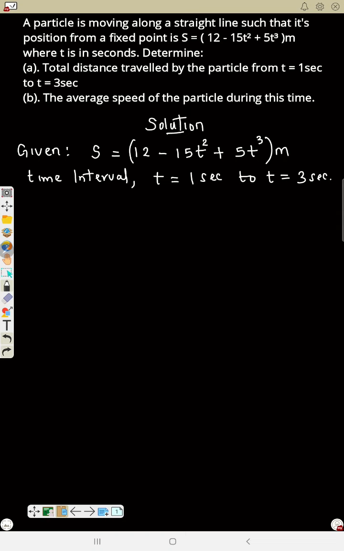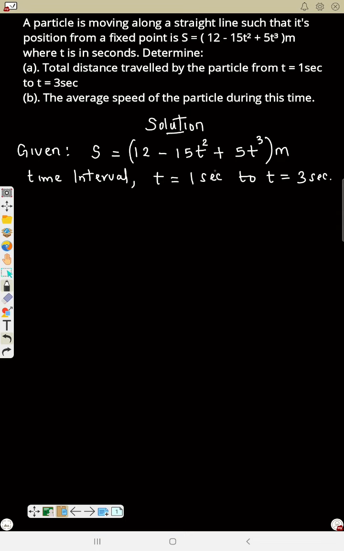Distance is the length of the actual path along which a particle changes its position from its initial position to its final position in a given interval of time. So you will see that the definitions of the two are not the same. Displacement is the shortest distance, but distance is the total length of the path you cover from one point to another.